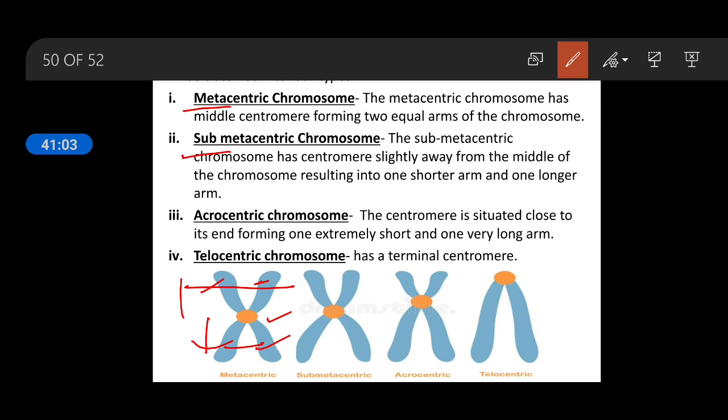In submetacentric, the centromere is present slightly upward, so this arm is slightly smaller and this arm is slightly longer.